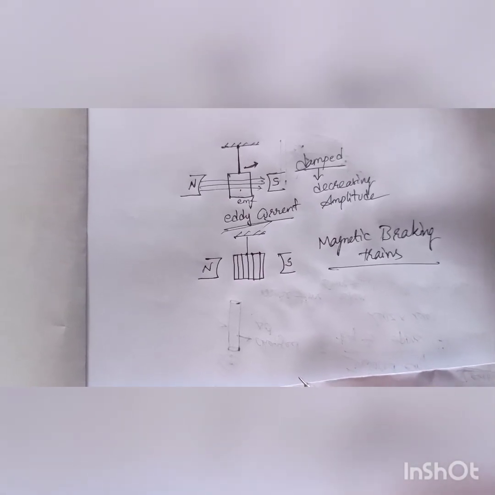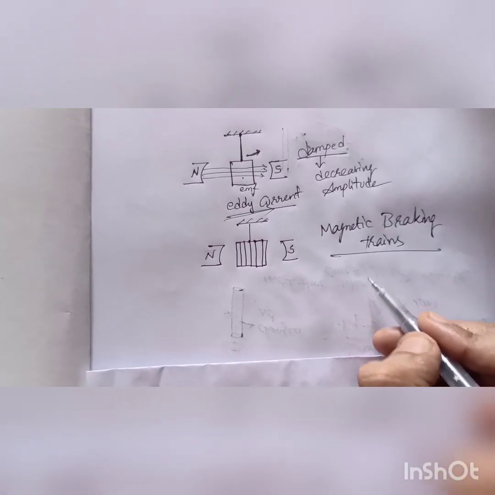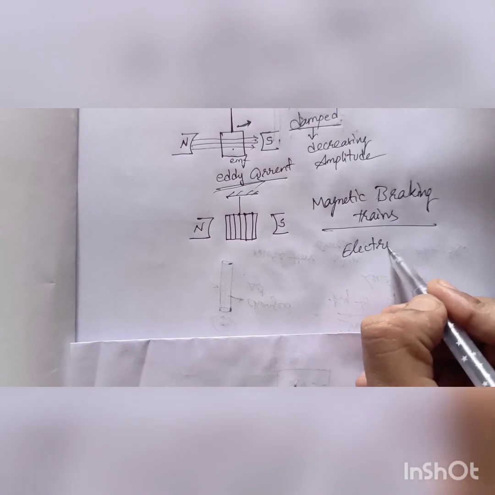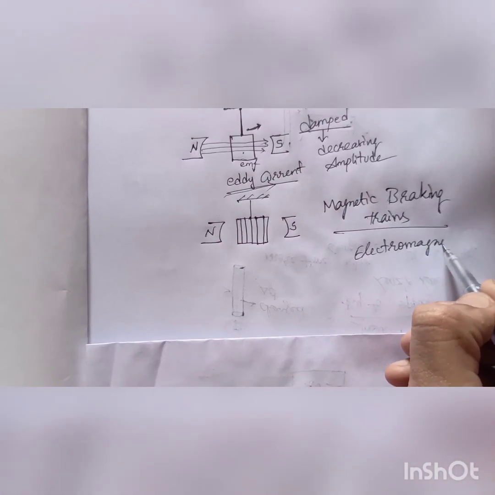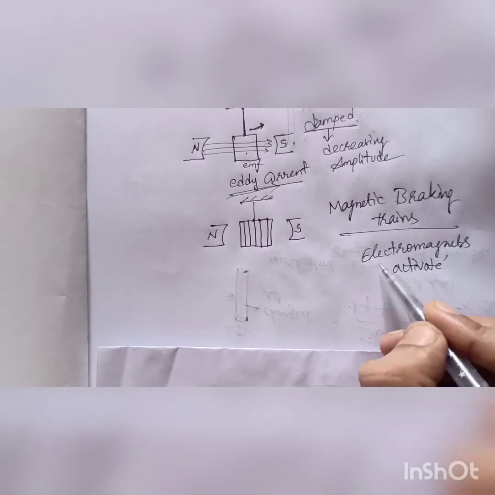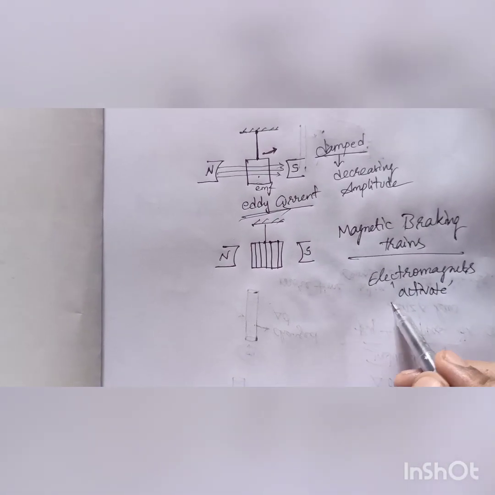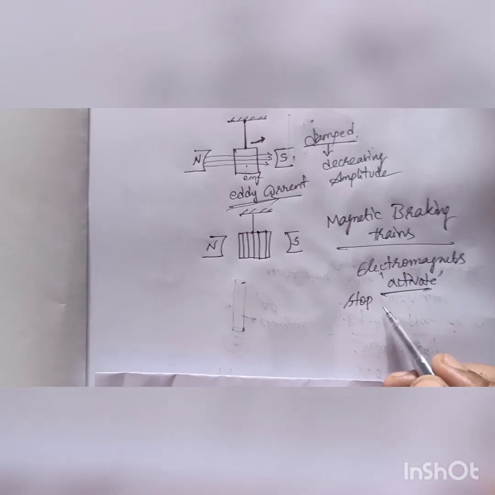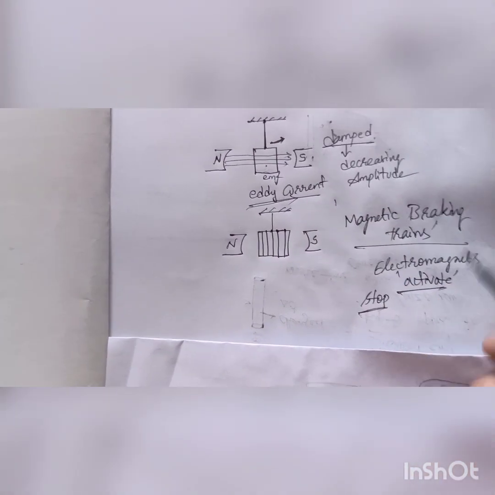Generally electromagnets will be situated above the rails. When the electromagnets get activated, eddy currents will be produced, and those eddy currents will stop the motion of the train. So this is called magnetic braking of trains.